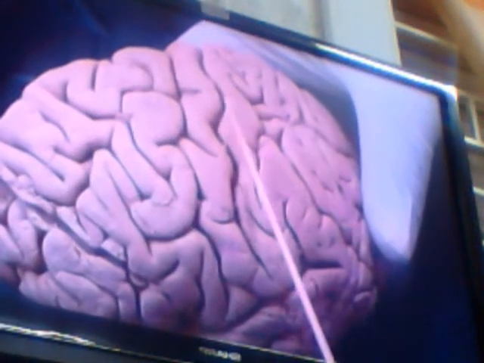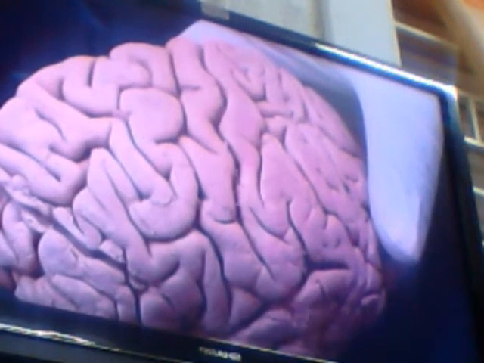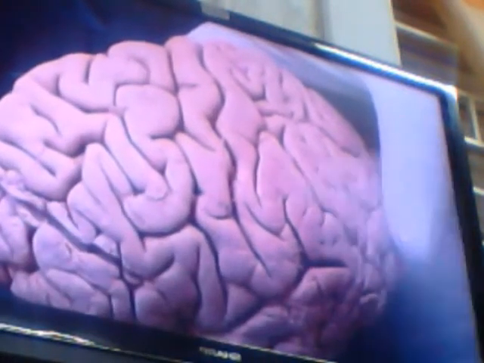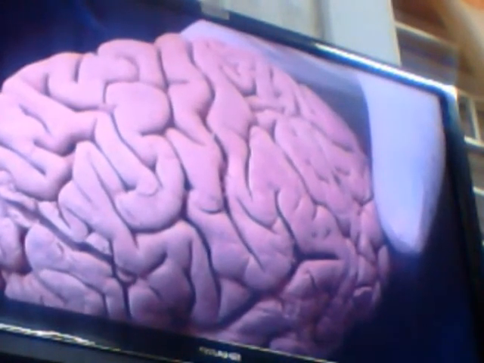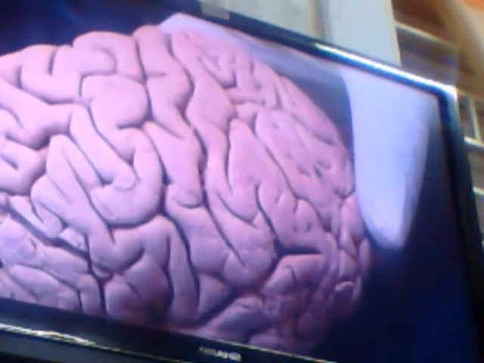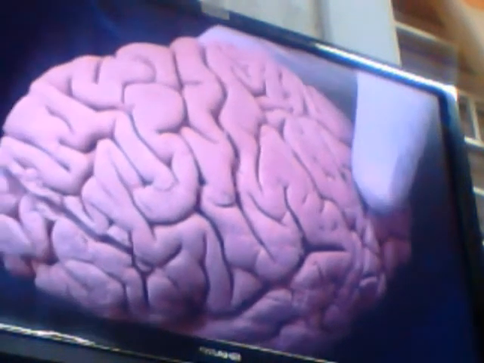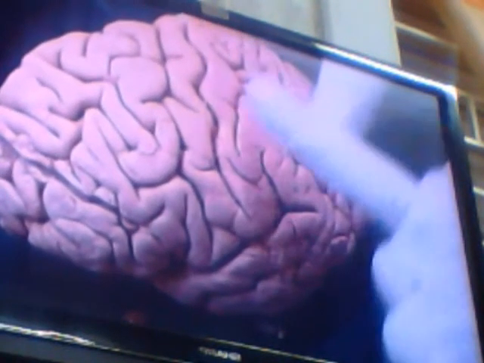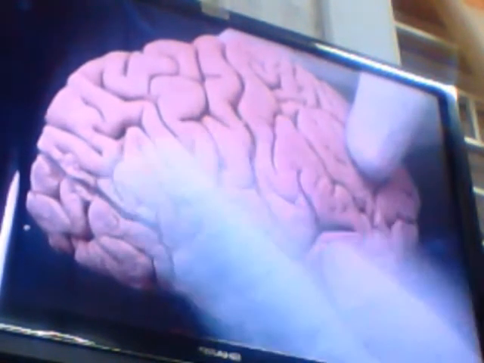All right, so it's not strictly a division that this right here is frontal, because you remember I did say that if you had the inion at the back and the nasion at the front, and you took a straight edge and you went middle between the nasion and the inion, the territory that you will be in for the receptive area is going to be behind about 2 centimeters or so behind the midpoint.